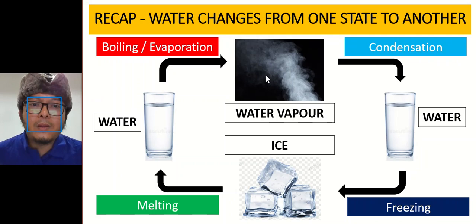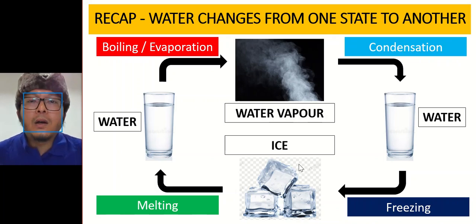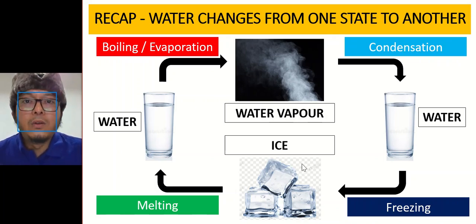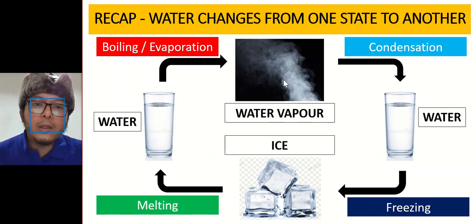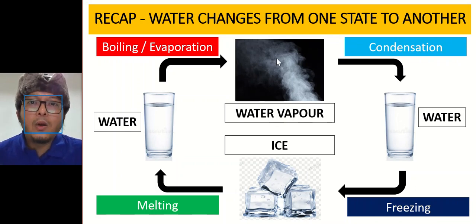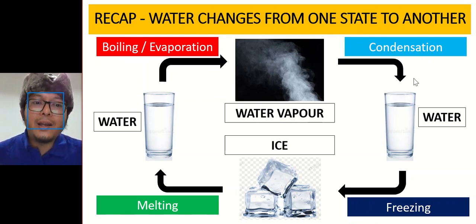But can water vapor or steam change to ice? The answer is no. Water vapor or steam needs to change to water first in condensation. So it will condense and become water, then it can freeze.